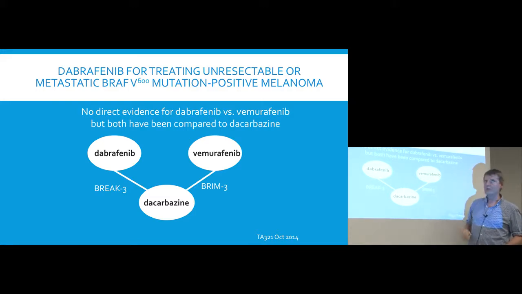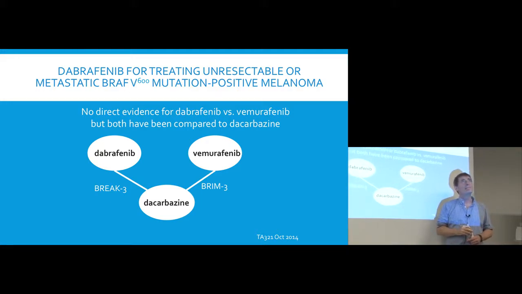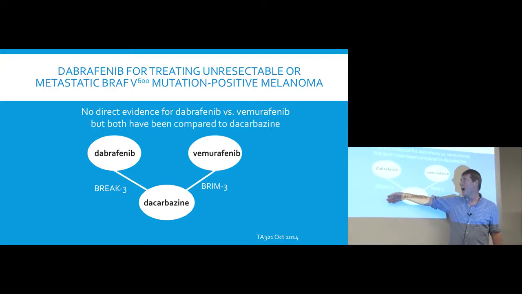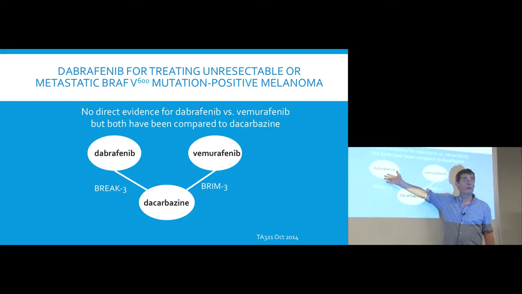So for example, suppose in BRIM3 half the patients were male, half were female. But in Break3, a third were female, two thirds male.